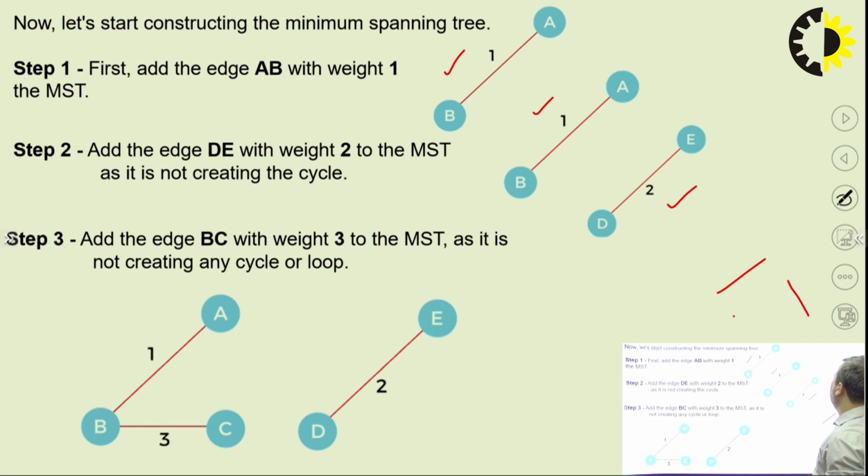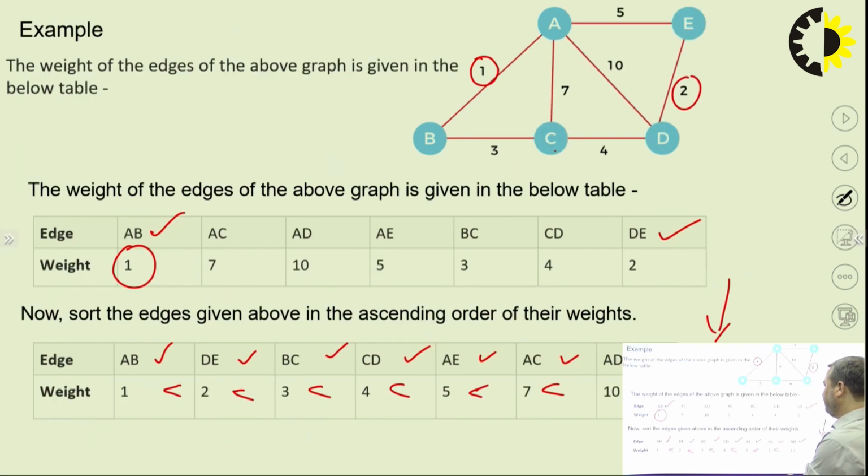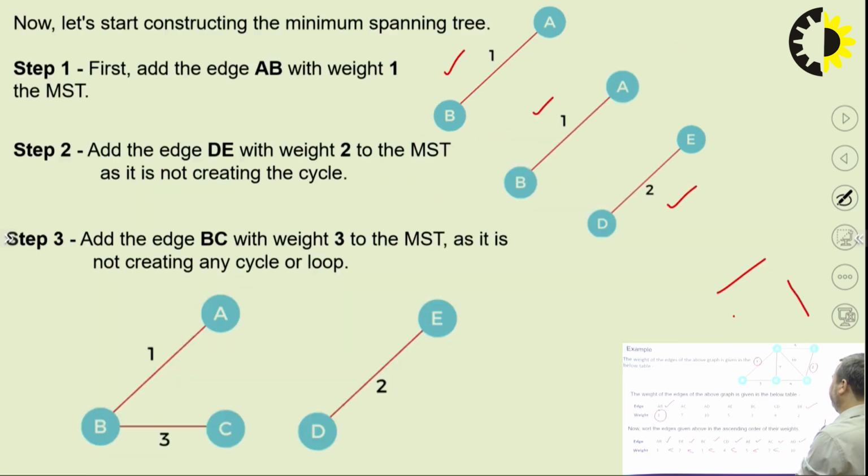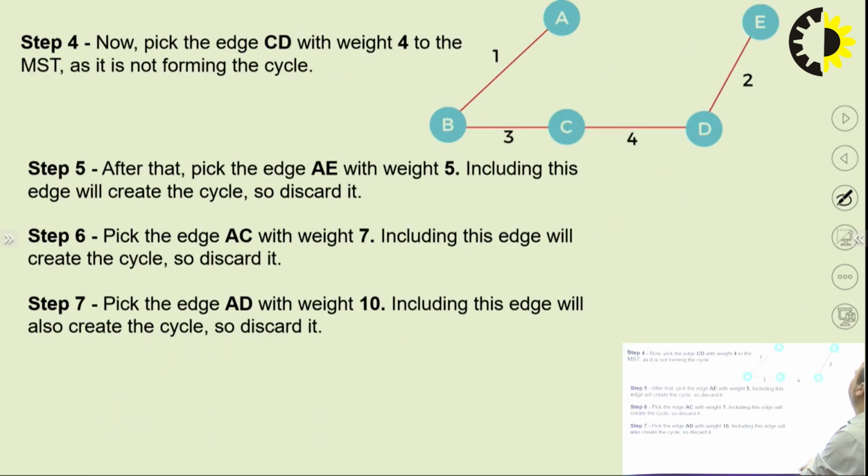In Prim's we continuously add vertices, but in Kruskal we continuously add edges, and the edge which is minimum will be included. Okay, so next minimum: AB, DE, then BC. Okay, AB, DE and BC. Then CD. So in the step, CD.